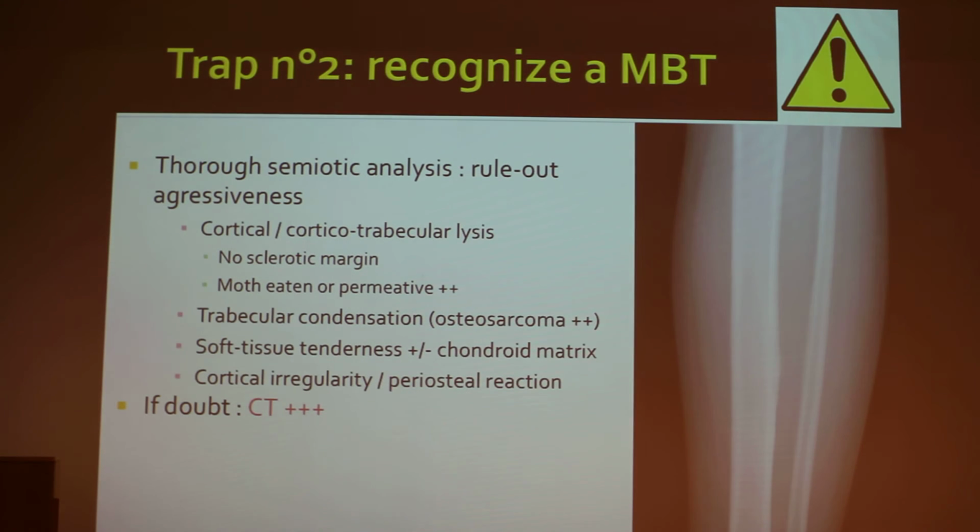The second trap is to recognize a malignant bone tumor. You need a thorough semiotic analysis to rule out aggressiveness. You have a lot of clinical and radiographic findings that you know, like lysis, and you've got to search for sclerotic margins, and anytime you have a doubt, just go further. You won't be sued if you do a CT or MR for a kid, never ever, so just go ahead.